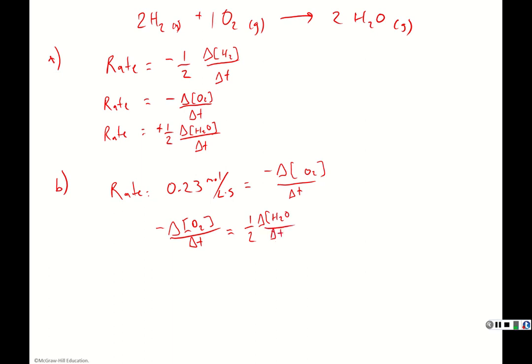So if we solve this for the rate of change of H2O, what we'd get is two times delta O2 over delta T. Right, and we know that value should be negative, right? We're decreasing that amount, so the negatives will cancel, but we'd get 2 times that.